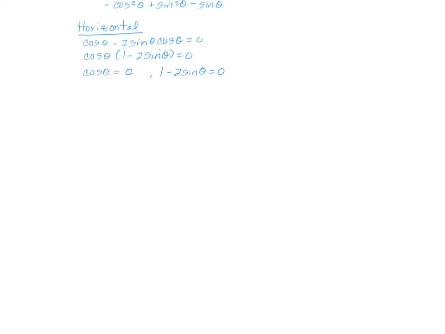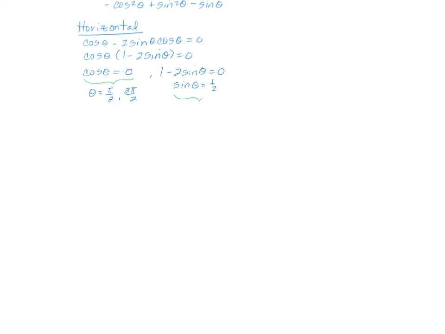So if I look at this first equation here, cosine of theta equal to 0, I can see that my theta value has to be pi over 2 or 3 pi over 2. Those are the only choices in the interval that I was given. The second equation, if I were to solve for sine of theta, I would subtract 1 and divide by negative 2 to get sine of theta equal to a positive 1/2.